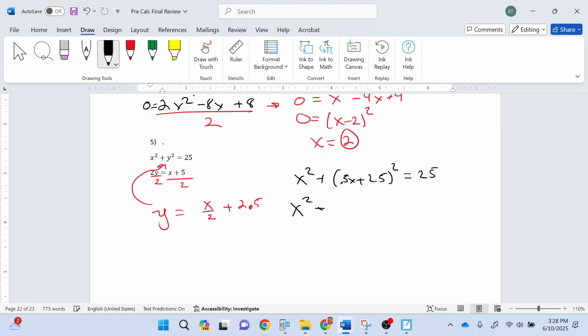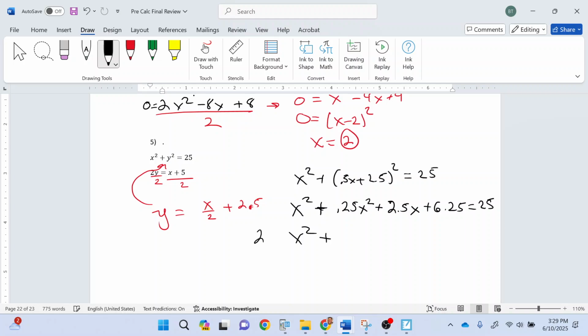Either way, x squared, I'm going to FOIL this out. So that's going to be 0.25x plus 2.5x plus 6.25 equals 25. X squared plus, this is squared.